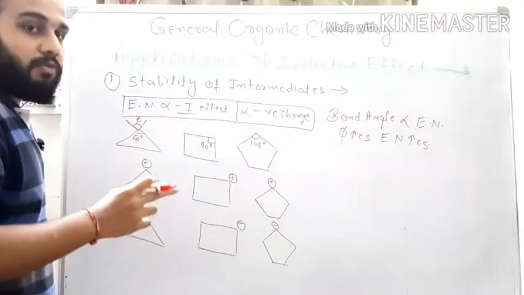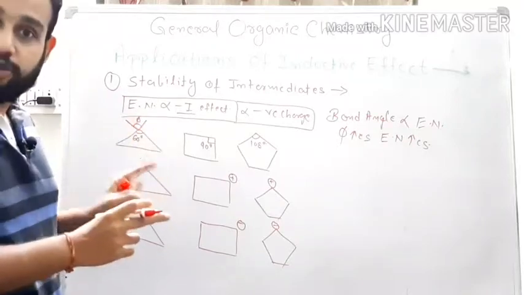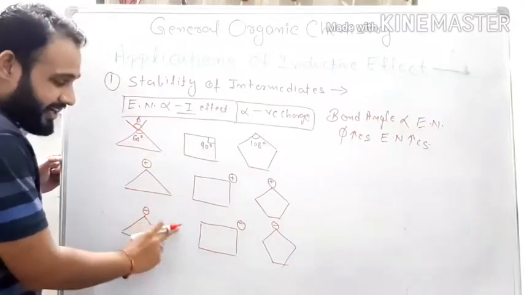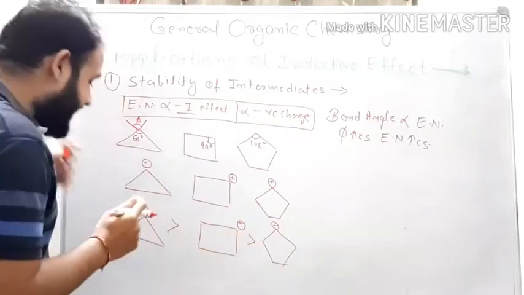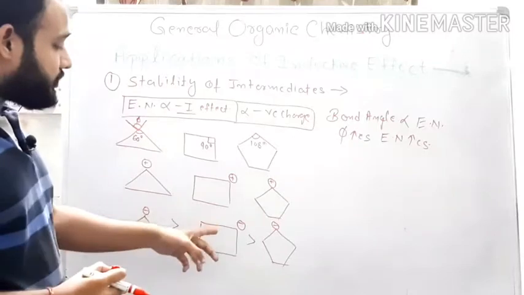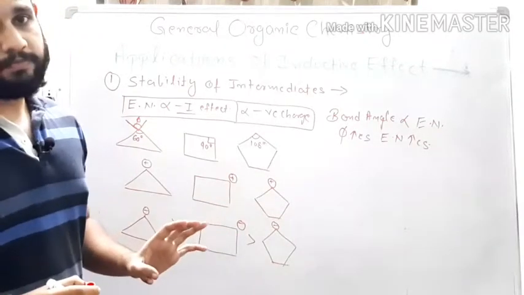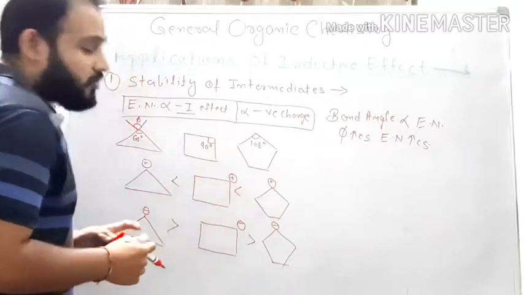The same concept applies as in hydrocarbons. So in the order of stability, the cyclopropyl anion is more stable than the cyclobutyl anion and cyclopentyl anion, whereas the stability of cations is opposite.